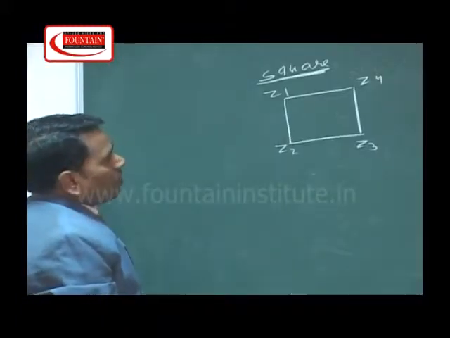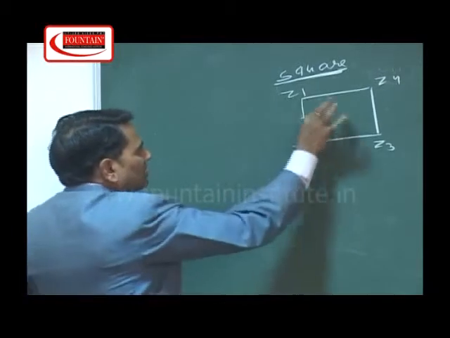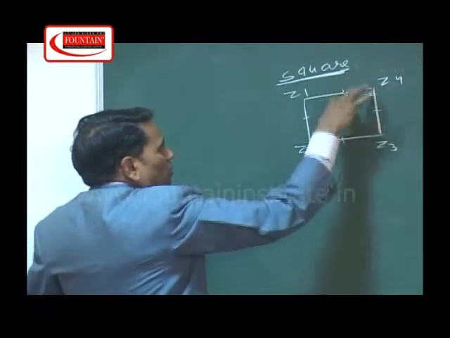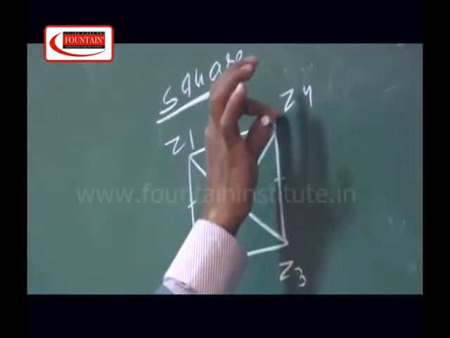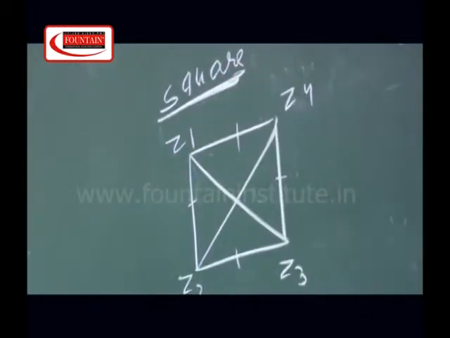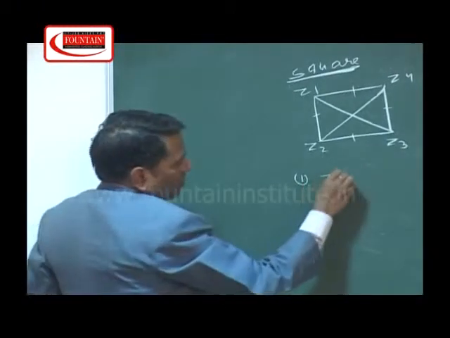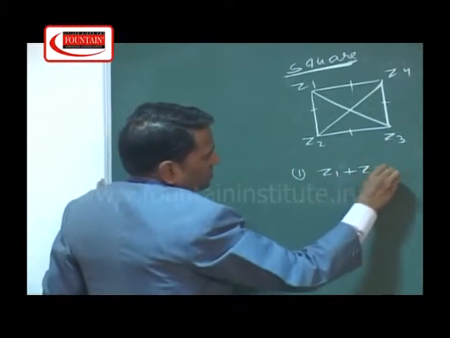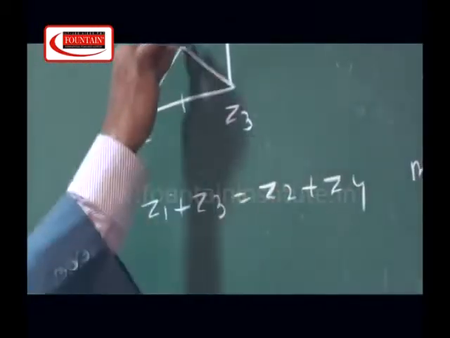A quadrilateral or a parallelogram will be a square if all its sides are equal and the lengths of the two diagonals are equal. So there will be three conditions. First one is the same: z1 plus z3 is equal to z2 plus z4, the midpoint.